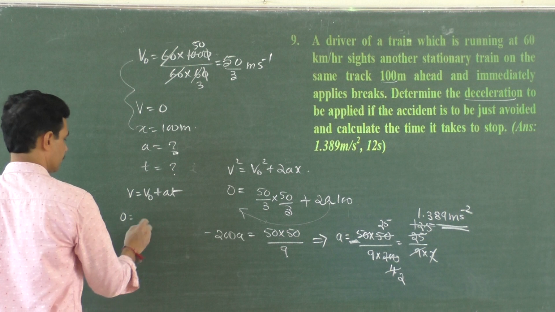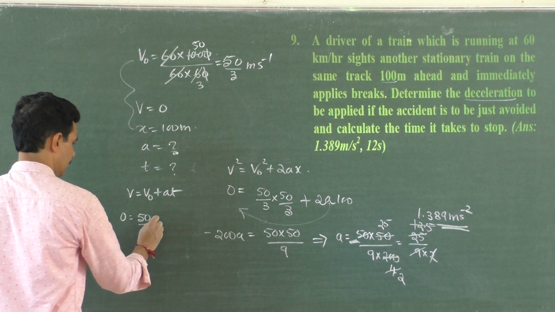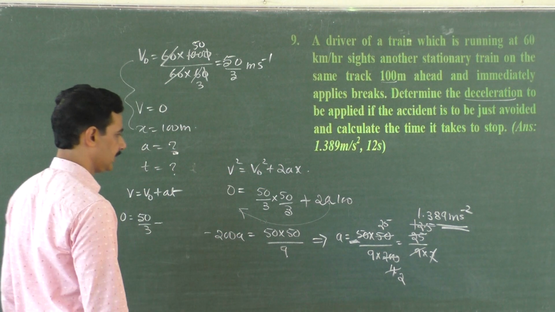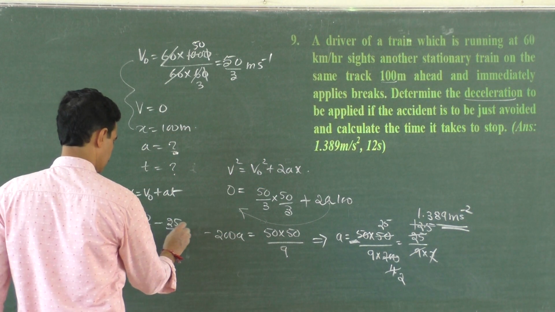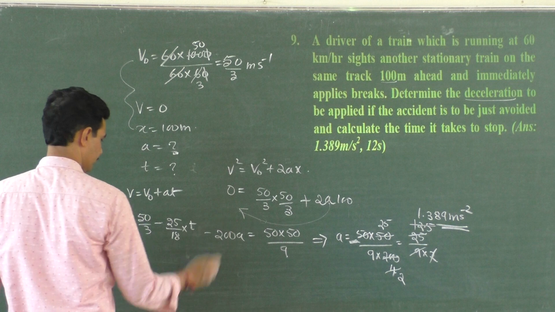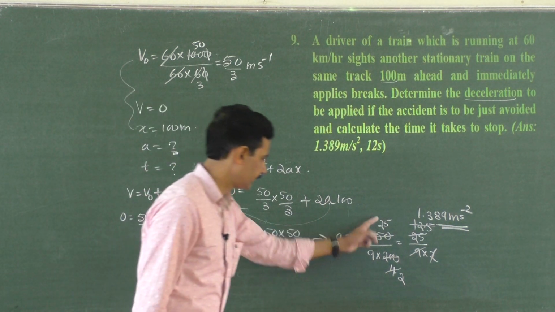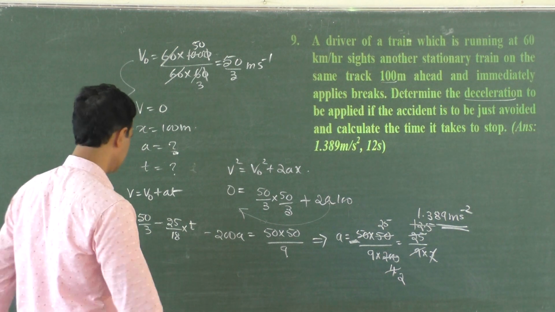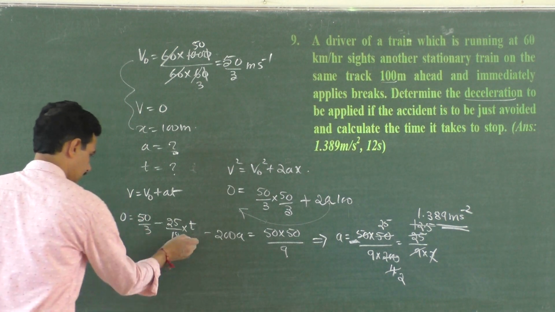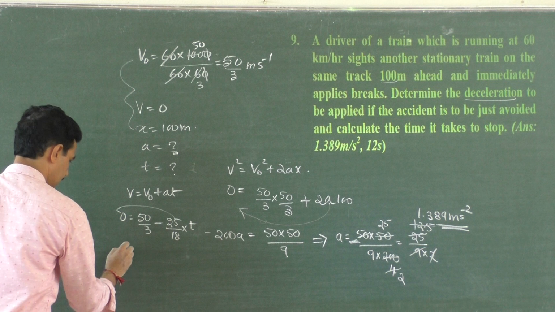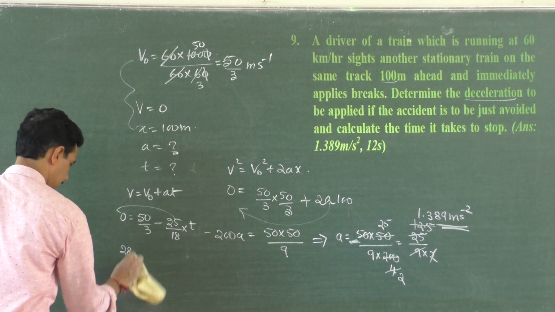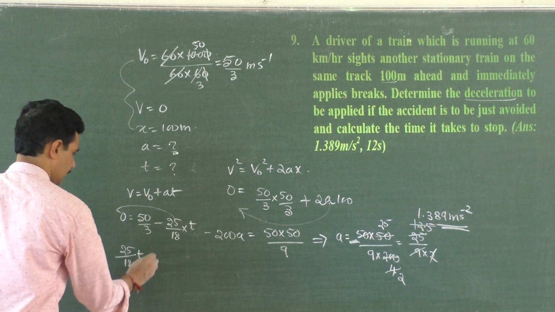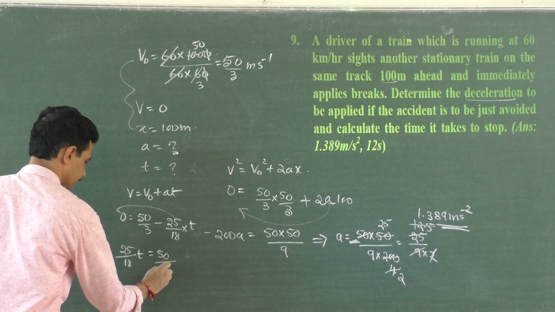Initial velocity is 50 by 3 minus a t, and a is 25 by 18, I don't use the decimal fraction. Bringing it to the other side, it becomes plus, 25 by 18 t equal to 50 by 3.